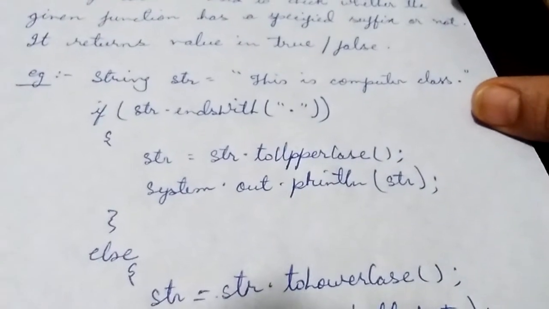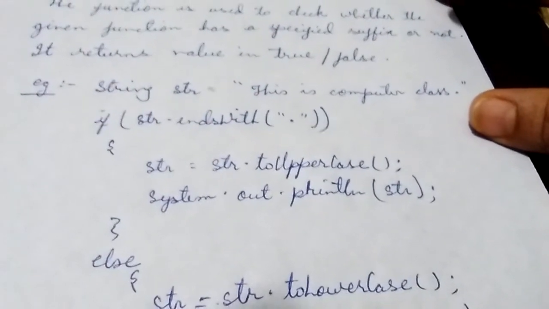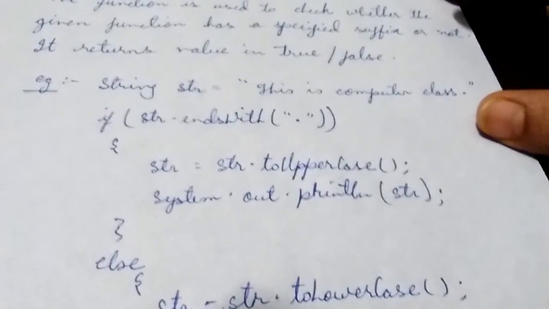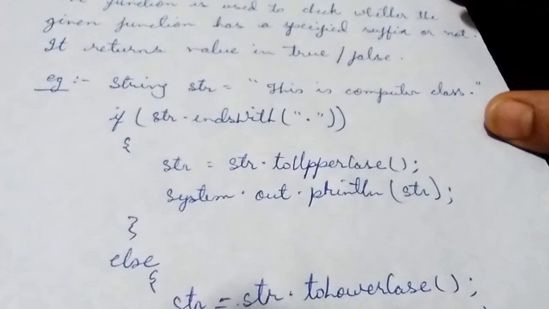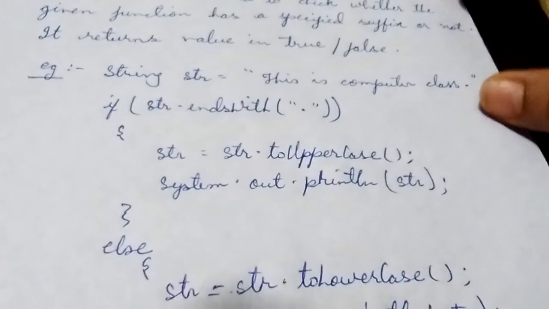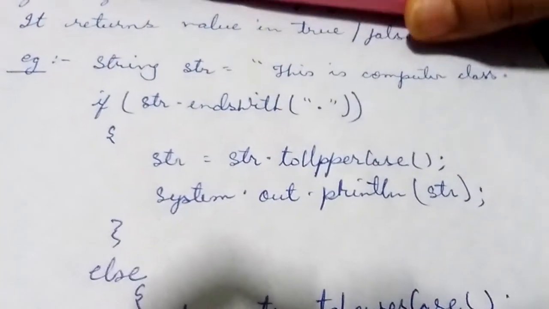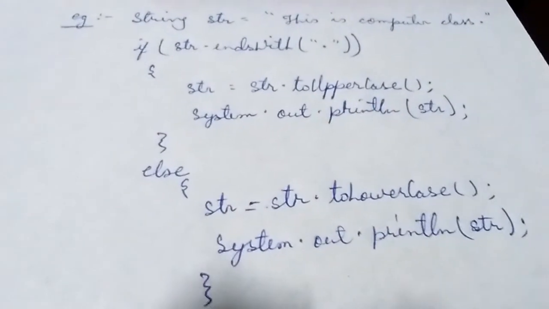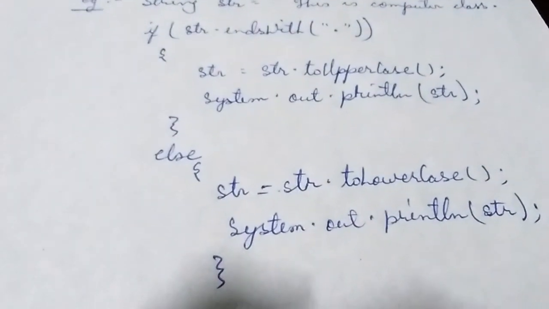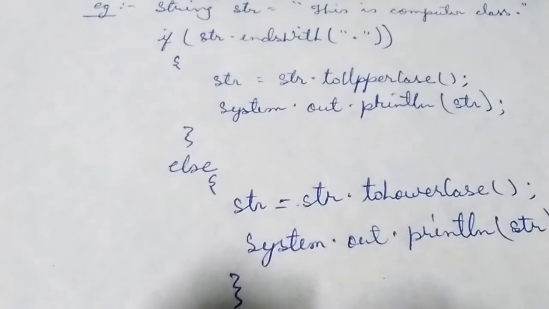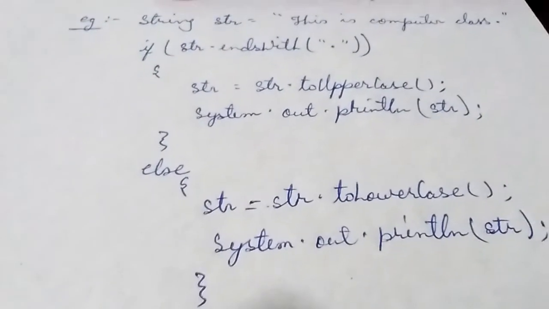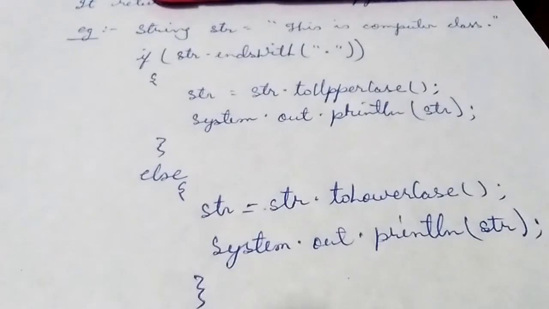So string str equals "this is a computer." with a dot. If str.endsWith(".") returns true, we are converting the entire string to uppercase and printing. If the function returns false, then we are converting the entire string to lowercase and printing.